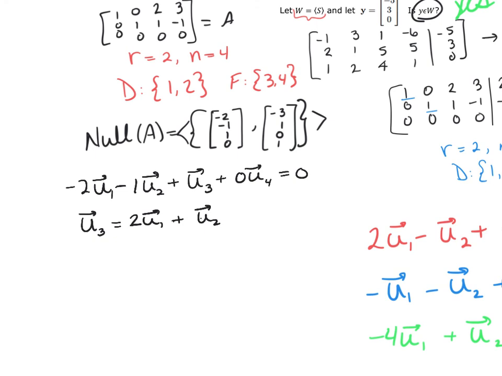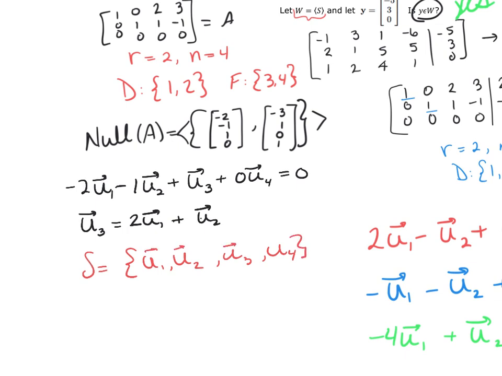So I can take u3, my third vector, and write it as a linear combination of vectors 1 and 2. So that tells me that I can eliminate my third vector from my span. My spanning set I thought to be was u1, u2, u3, and u4.